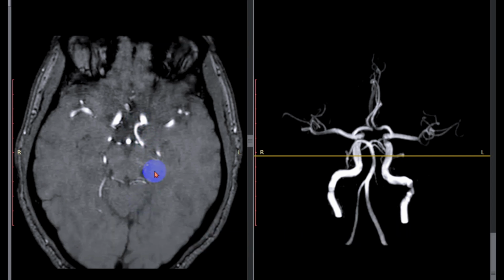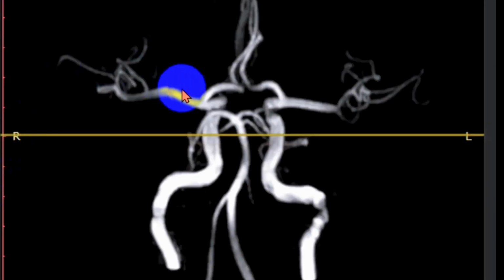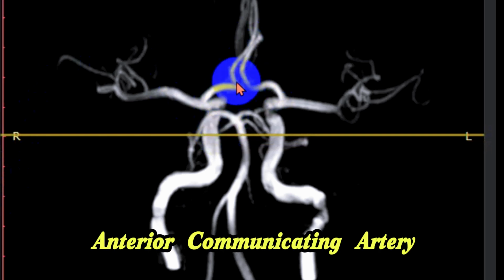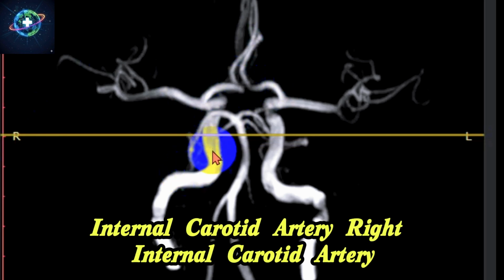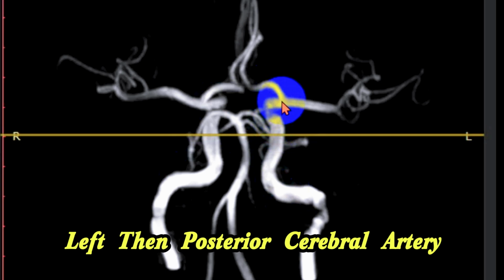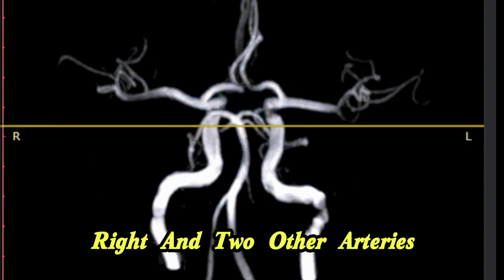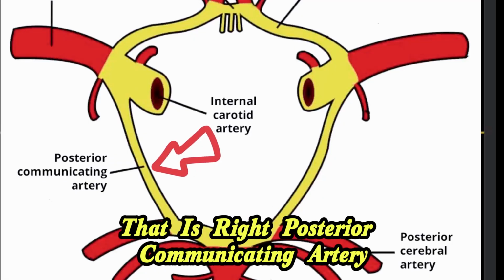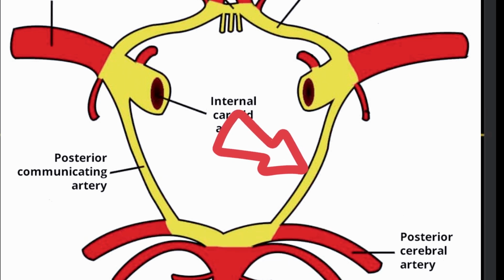So in short, the Circle of Willis is formed by 7 main arteries: right anterior cerebral artery, left anterior cerebral artery, anterior communicating artery, internal carotid artery right, internal carotid artery left, then posterior cerebral artery left, posterior cerebral artery right, and two other arteries, that is right posterior communicating artery and left posterior communicating artery.